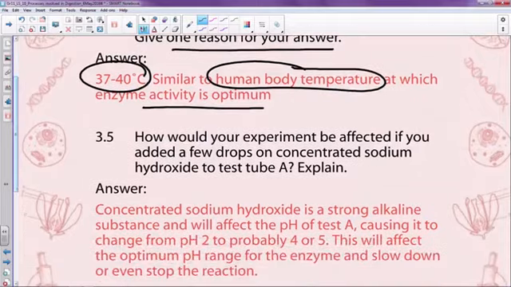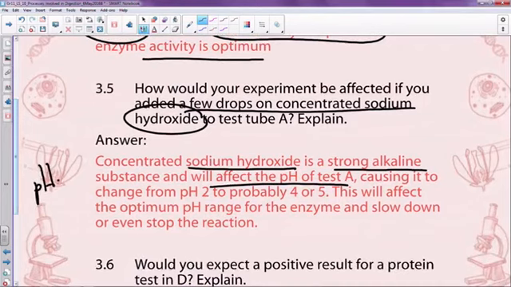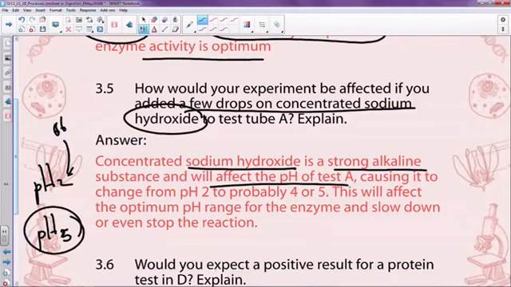3.5 basically asked how your experiment would be affected if you added drops of sodium hydroxide, and we've got to explain our answer. Knowing that sodium hydroxide is a strongly alkaline substance, it would affect the pH of test tube A, meaning that from pH 2, if you added a few drops of sodium hydroxide, being a basic substance, it will alter the pH, changing it from 2 to probably 4 or 5, and this alters the optimum pH range.